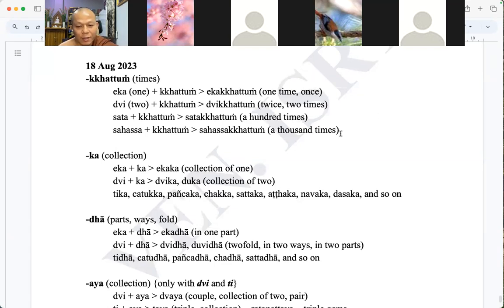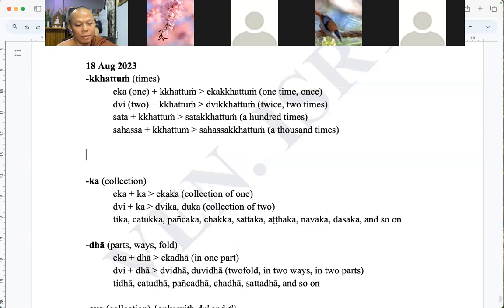Actually, in this way, to express first time or second time, instead of using this suffix, we use this vara. Vara also means time. Like patamo varo, dutiyo varo, and so on.